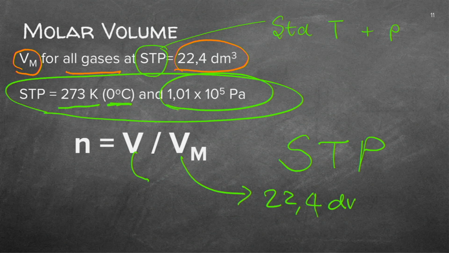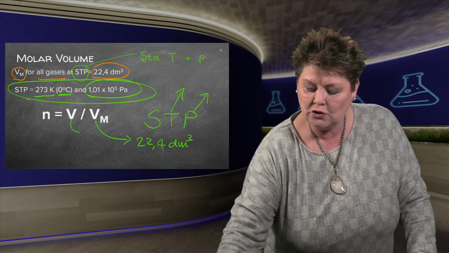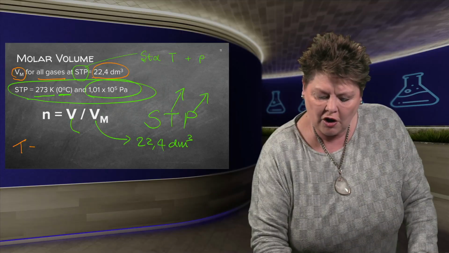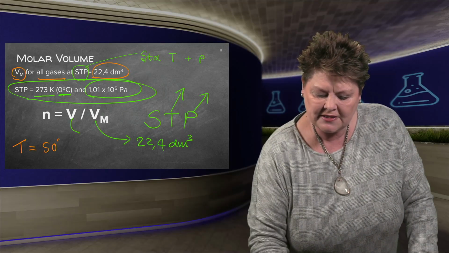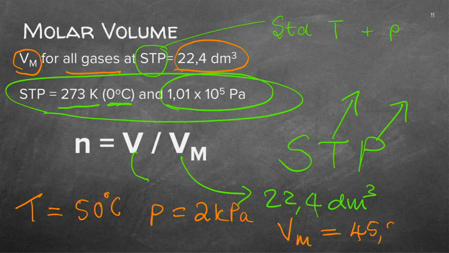22.4 cubic decimeter. If there's an increase in temperature, if there's an increase or a decrease in pressure, that value will not be valid. And they'll often give you a different value. They might say to you, at a temperature of 50 degrees Celsius and a pressure of 2 kilopascal, the molar volume is something like 45.8.